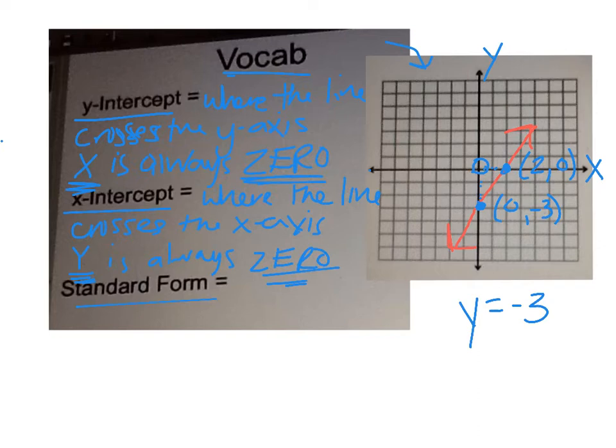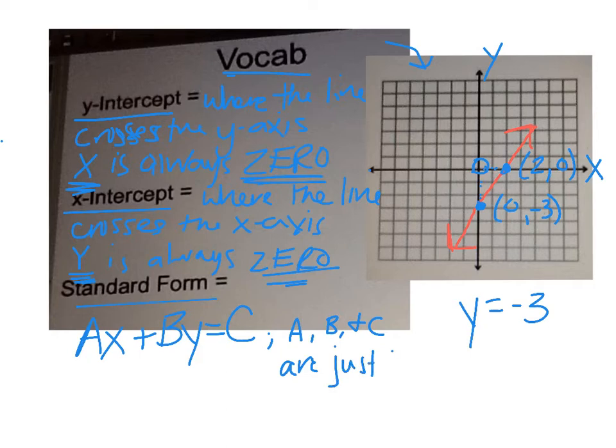So standard form, generally speaking, looks like this: ax plus by equals c. Now, a, b, and c are just numbers. The big thing with standard form that's completely different from all the other ones is that the x and the y are on the same side and regular numbers on the other.